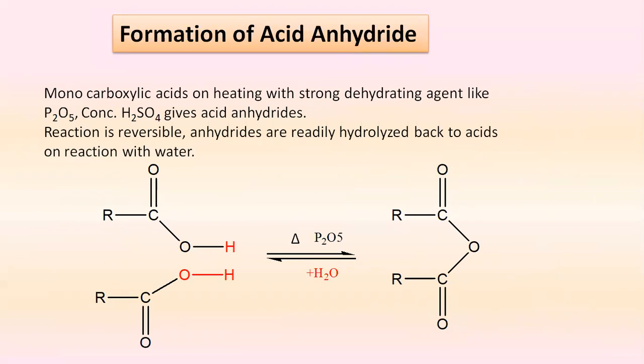See in the structure the hydrogen of the acids and the oxygen: removal of H2O takes place, and by the removal of H2O, the C double bond O carbonyl groups of the acids are joined by oxygen, forming the structure of the anhydride. The reaction is reversible. Anhydrides are readily hydrolyzed back to acids on the addition of H2O. So this is about the formation of acid anhydride from carboxylic acids on heating with a strong dehydrating agent like phosphorus pentaoxide.